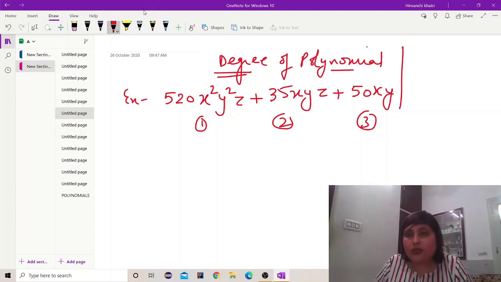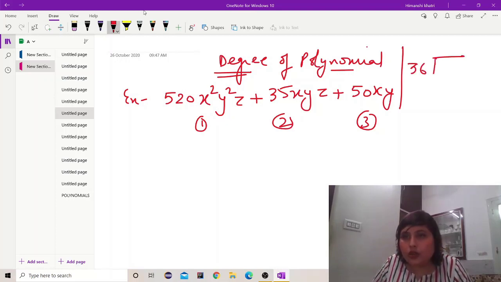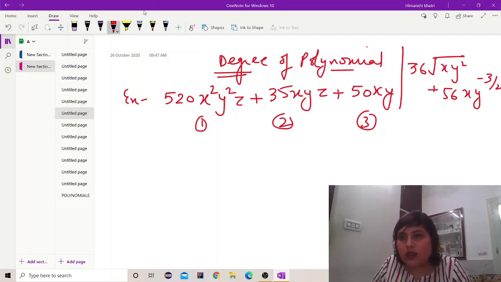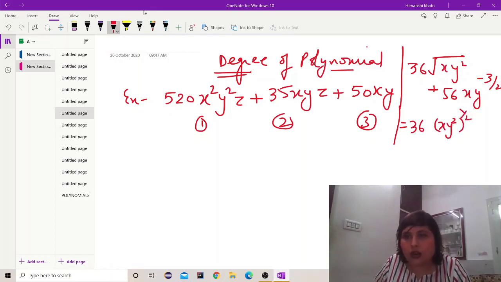See one example of an algebraic expression which is not a polynomial: 36 root xy square plus 56 xy to the power minus 3 by 2. Can we write it in the power form? Can we remove this root? Yes, we can remove it. 36 xy square whole to the power half.